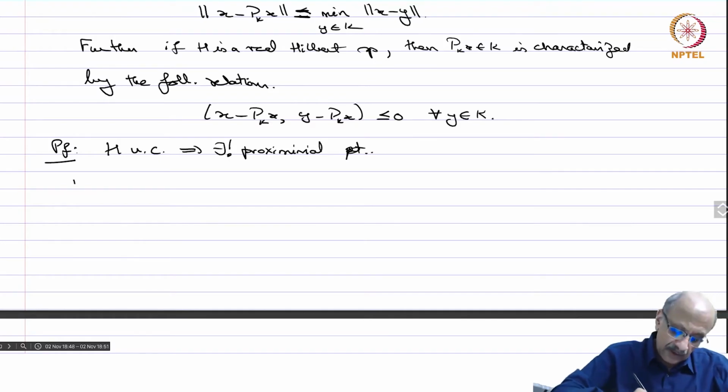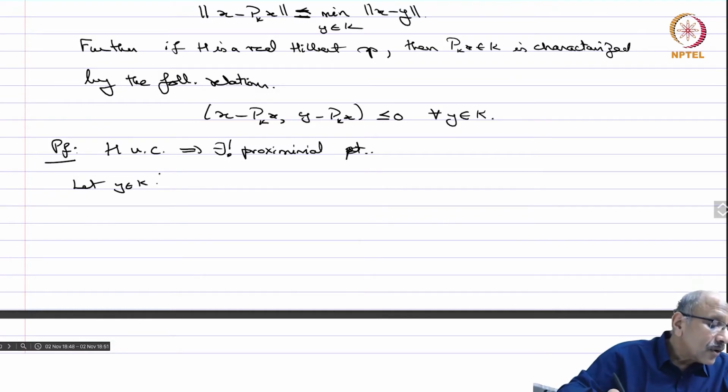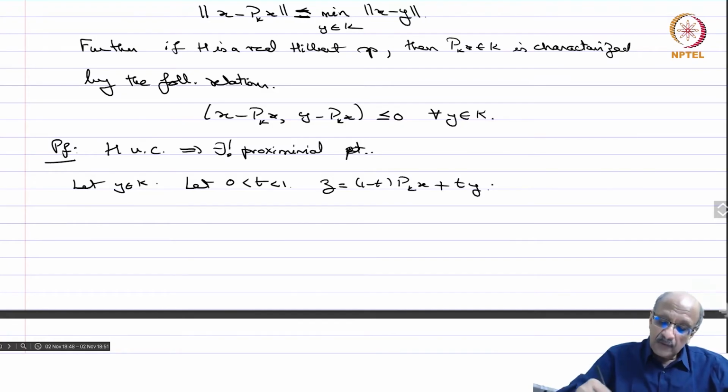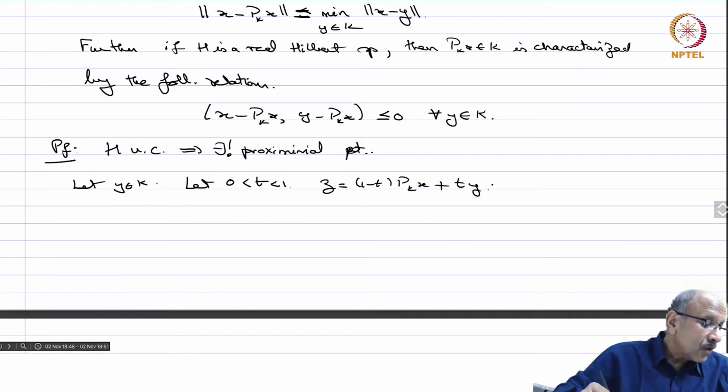Okay, so let y belong to K. Then let t be such that 0 is less than t which is less than 1, and you set z equals 1 minus t times P_K x plus t y. So we have P_K x, which is the closest point, and we want to show that it satisfies this particular inequality.